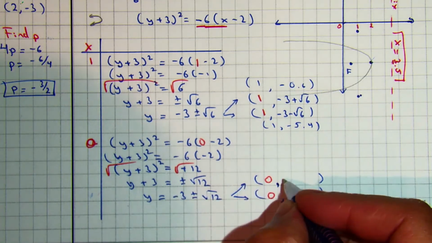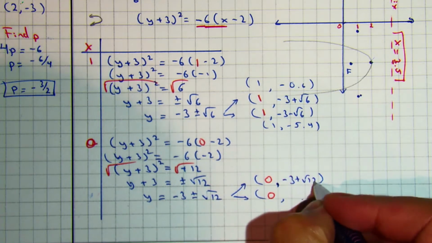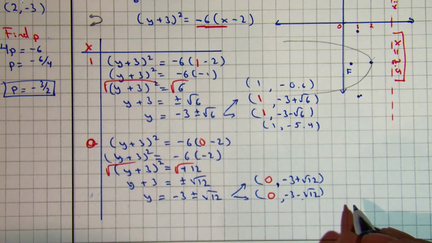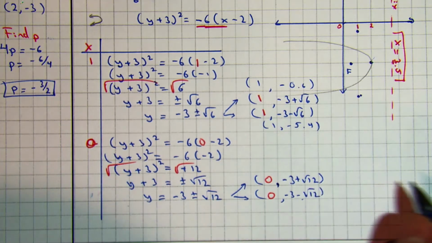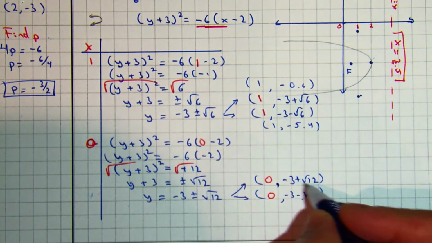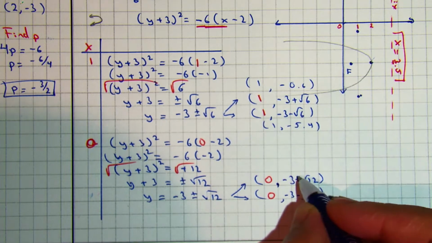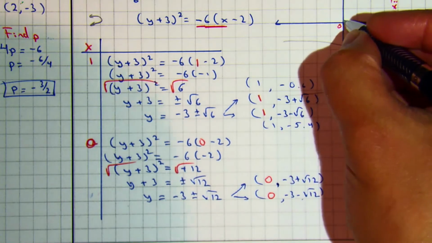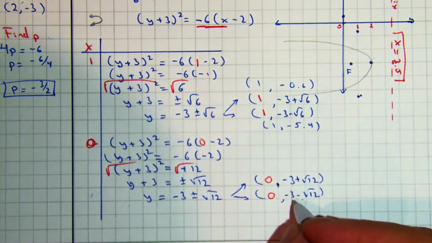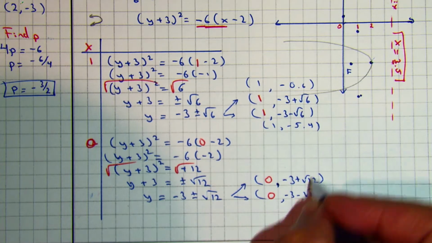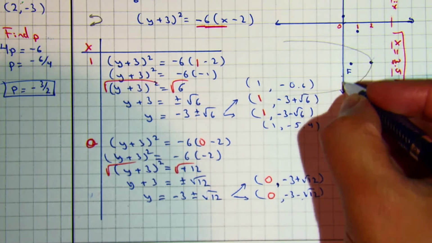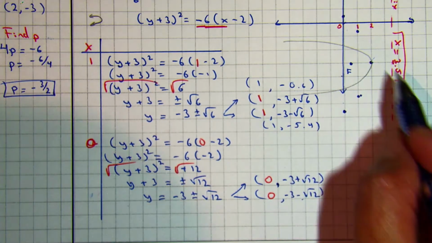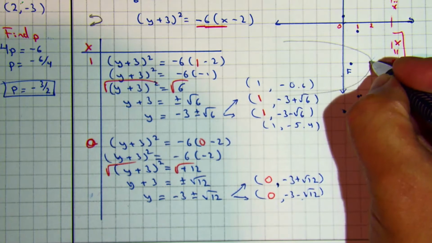The y value for one of them is negative 3 plus the square root of 12, and the other is negative 3 minus the square root of 12. Now I'm going to plot. The square root of 12 is 3.5, so negative 3 plus 3.5 is 0.5, and negative 3 minus 3.5 is negative 6.5. Now I can use those 5 points to make my graph.